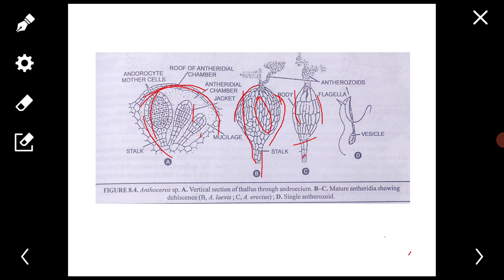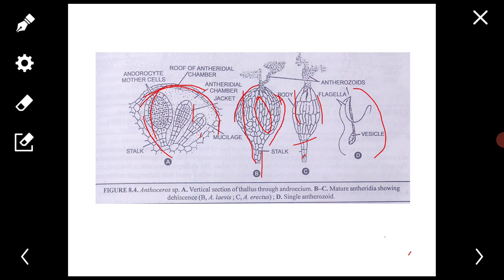The androcytes metamorphose into biflagellate, slightly curved antherozoids.